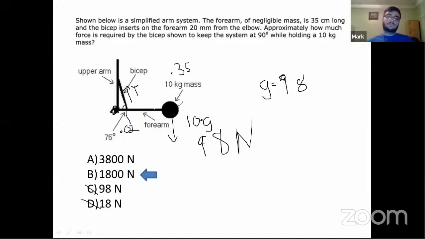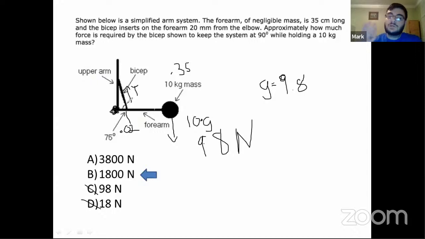Since the weight is at the end of your arm, it's very far away, so it has a very high torque. To get the same torque by pulling here, you would need a way higher force than 98, like over 1,000. So you can already eliminate C and D, and get down to at least 2 answer choices.